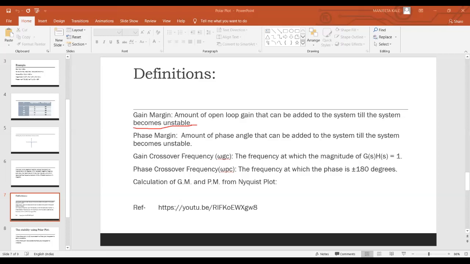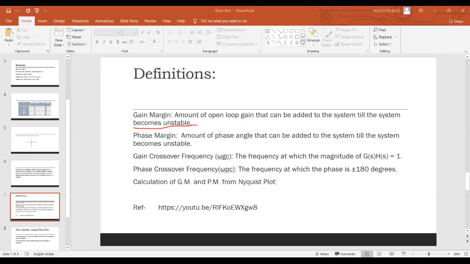So suppose, for example, current value of gain is 50 and the marginal value of k above which the system is going to be unstable is say 100. So we have margin of 50 units, right? We are on 50. We can go up to 100. Till that time, the system will remain stable, and after 100, the system will become unstable.